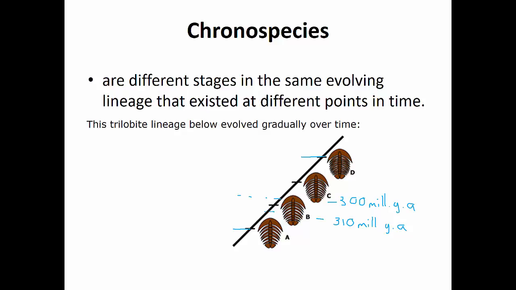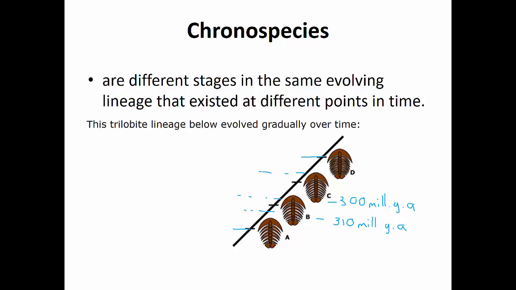Or do we say, no, A is definitely by itself, but B and C are the same? There are so many different ways we could look at this that it's really not a clear-cut decision when we're talking about the biological species concept, which is why we have other species concepts as well, because of the limitations of the biological species concept.